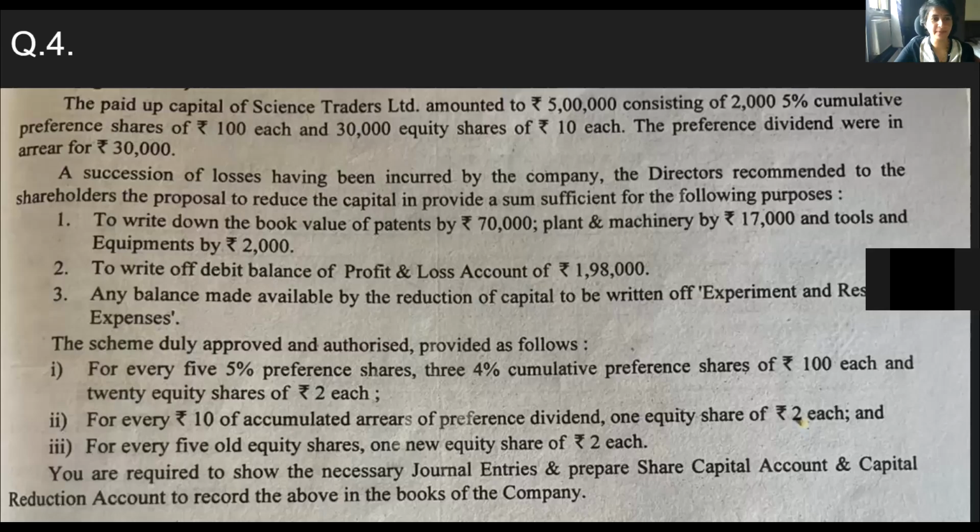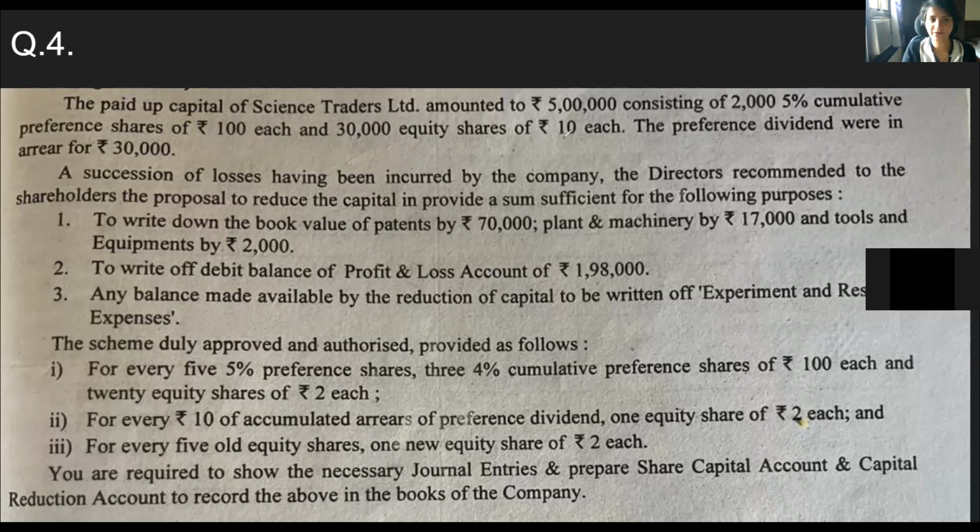The question is about the paid up capital of Science Traders Limited, which amounted to rupees 5 lakh, consisting of 2,000 5% cumulative preference shares of rupees 100 each, and 30,000 equity shares of rupees 10 each. The preference dividend was in arrears for rupees 30,000.